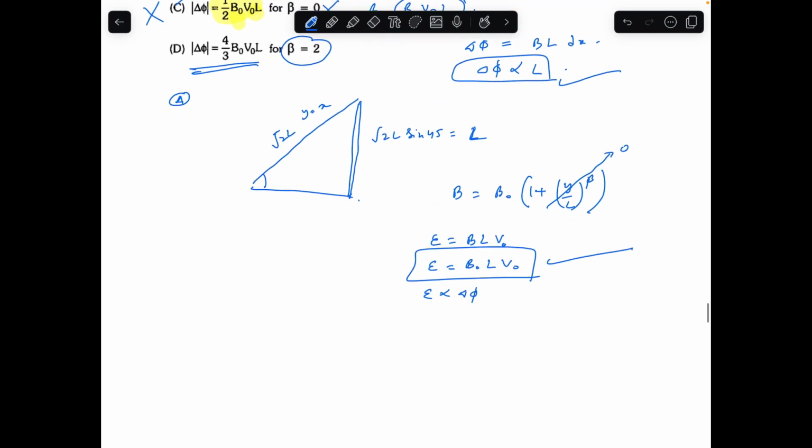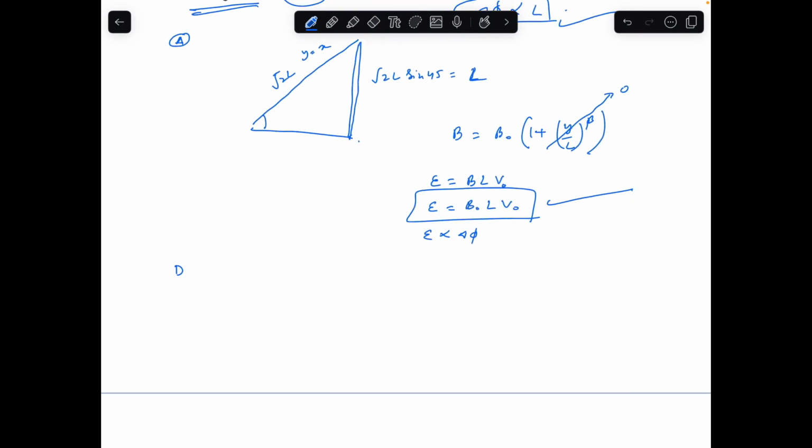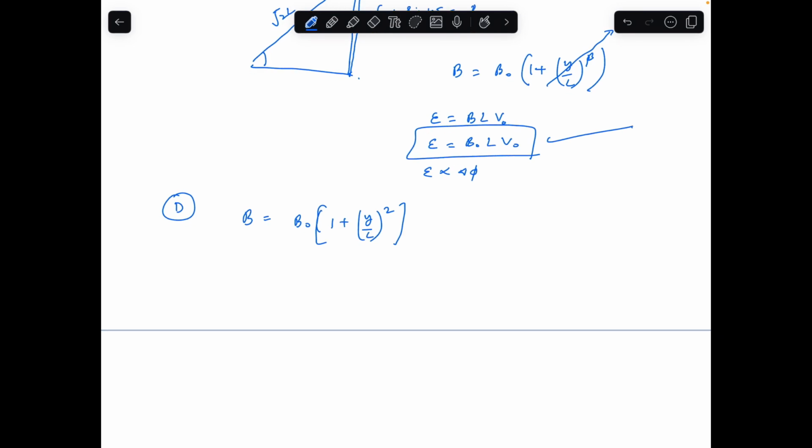Option D for beta equal to 2. So B equal to B naught into 1 plus y by L whole square. This is B. Now in this case, for induced EMF, consider this rod at a distance of y, take a small element dy.